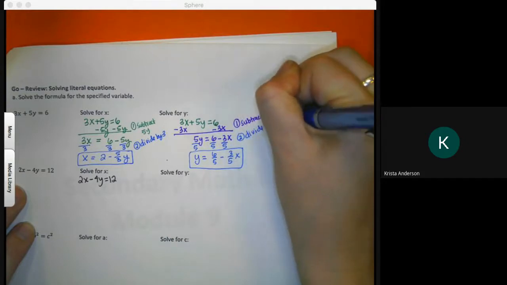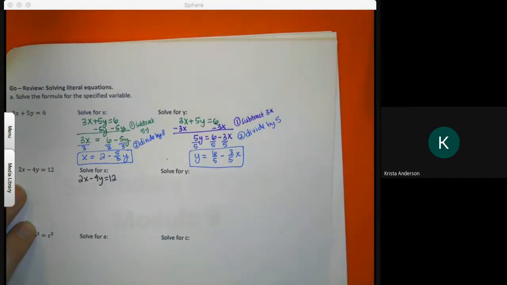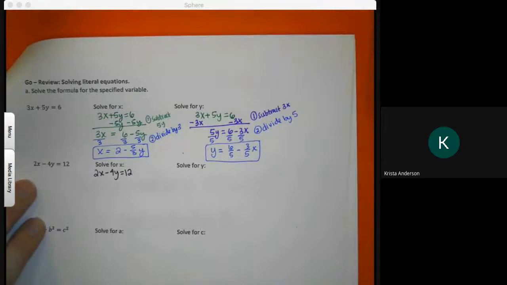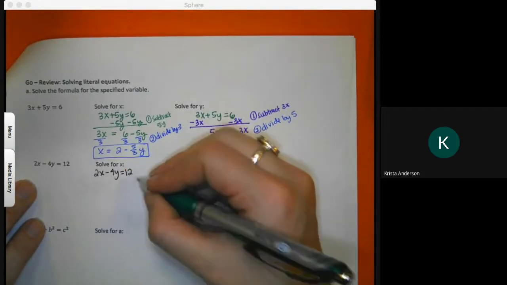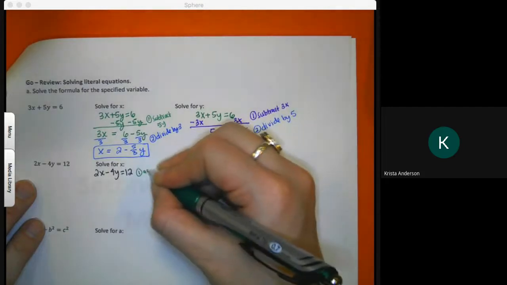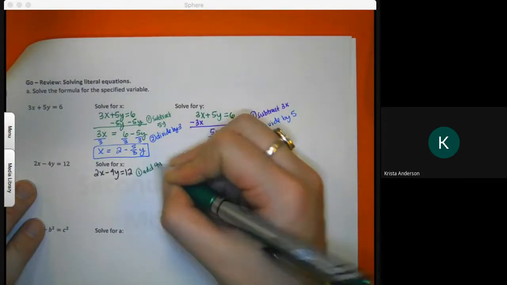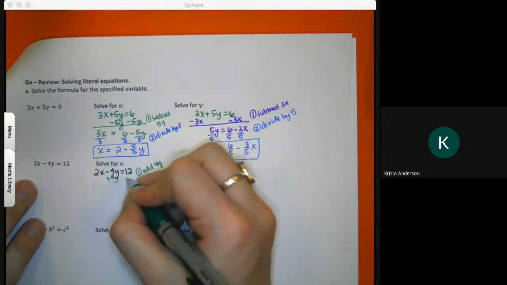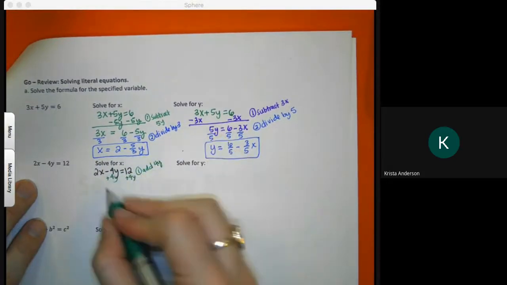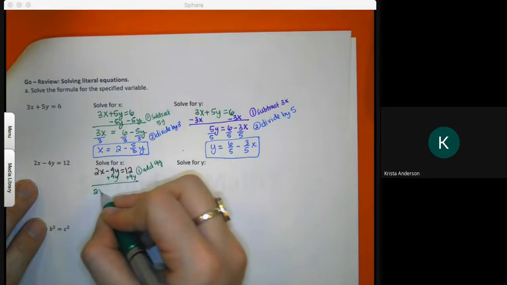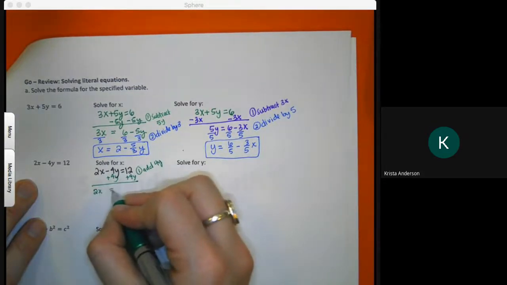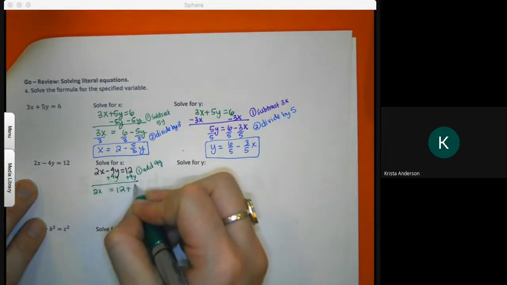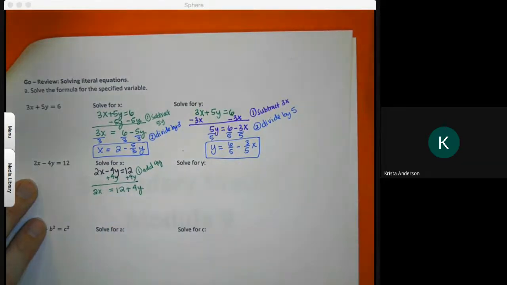So for my first step on this one, I'm going to get x alone, which means I will first add the 4y, because it's a minus 4y, I add it. 2x equals 12 plus 4y.